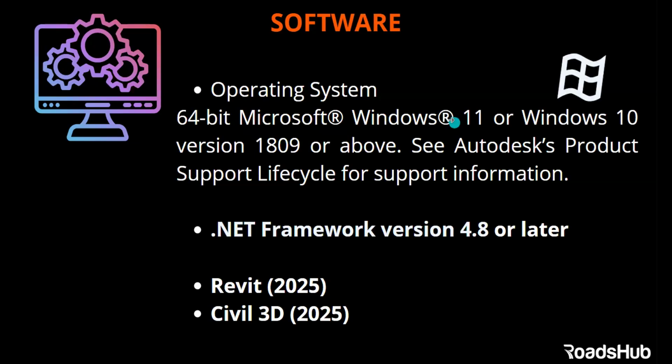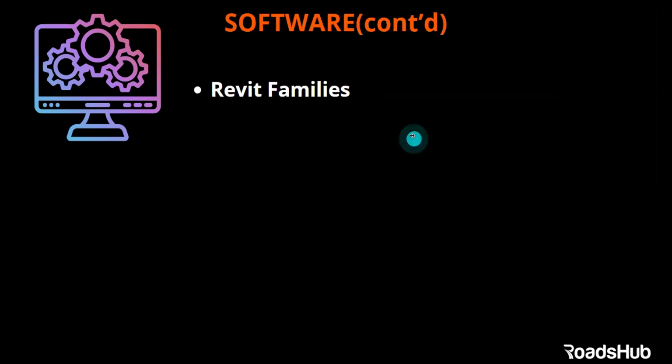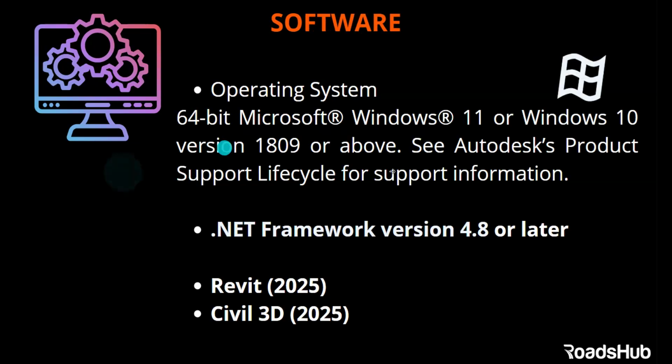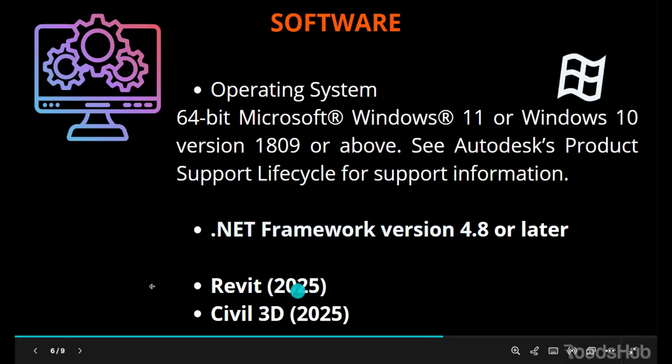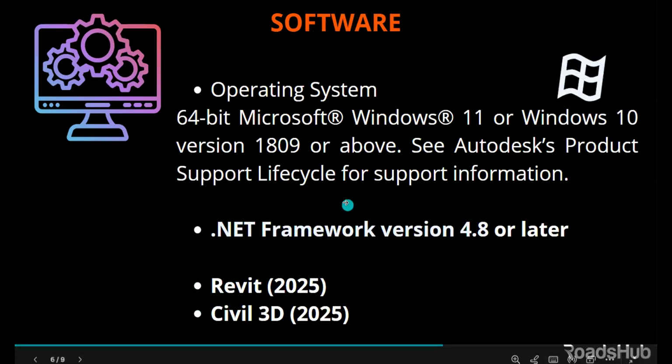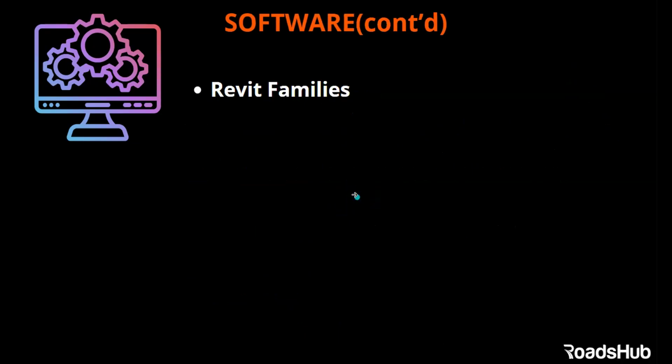And I'm sure if you're having a MacBook, you know how to do that, the Bootcamp and whatnot. Then you can install in that Windows environment and utilize the software. And after that, you get to install your Revit software or your Civil 3D software for that matter. And that will be it.